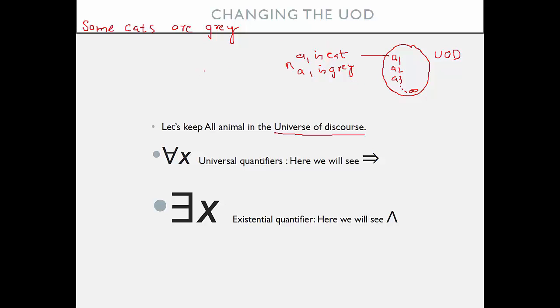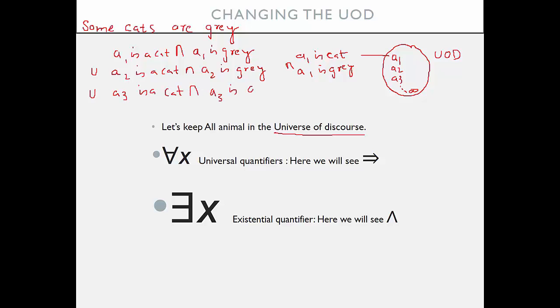And we also found in the previous examples where we had this case of some that there is an or occurring between these statements, which is like A1 is a cat and A1 is gray, or A2 is a cat and A2 is gray, or A3 is a cat and A3 is gray.